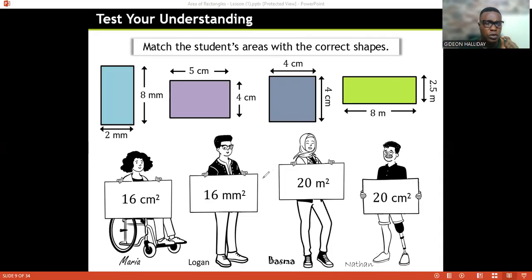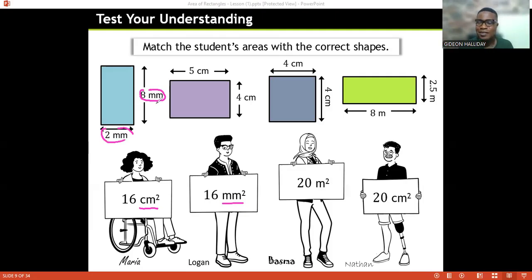And please always pay attention. You can see this is 16 millimeters square and this is 16 centimeters square. They're not the same. So you have to look for the rectangle with the different units. Let's start with the blue one.